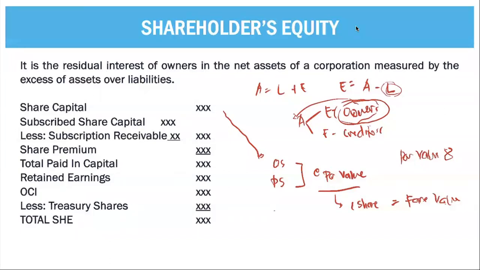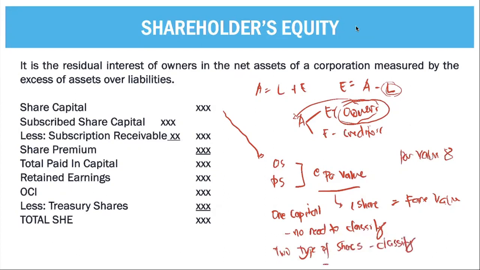But please, if it is only one type of capital, no need to classify. But if ever it is two types of shares, you should classify. So how should we classify your share capital if it's two types of shares?